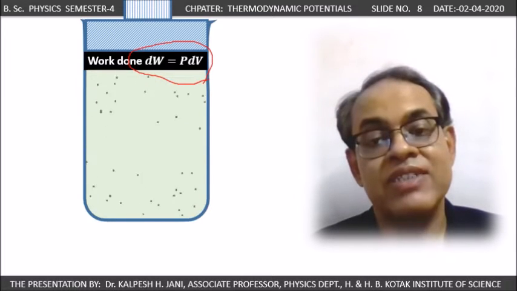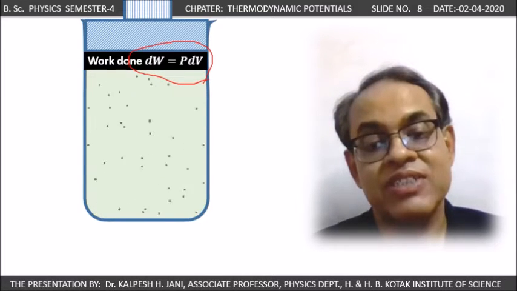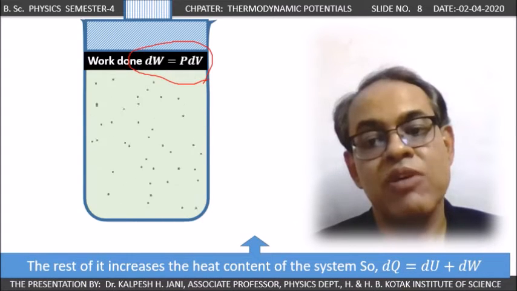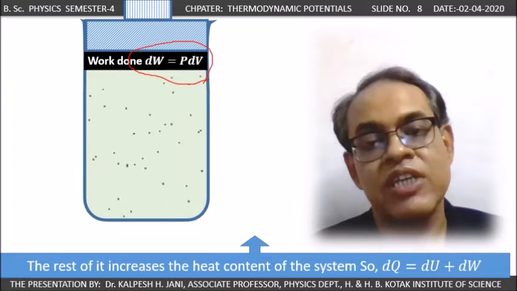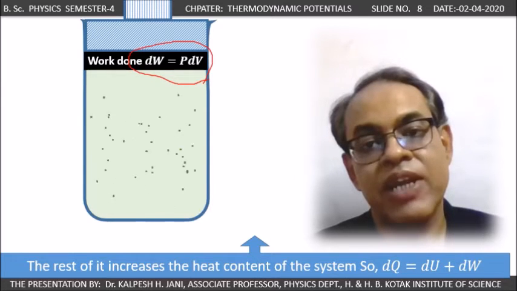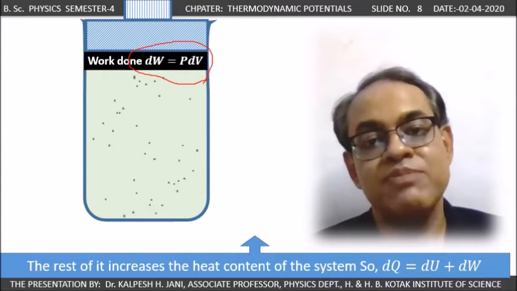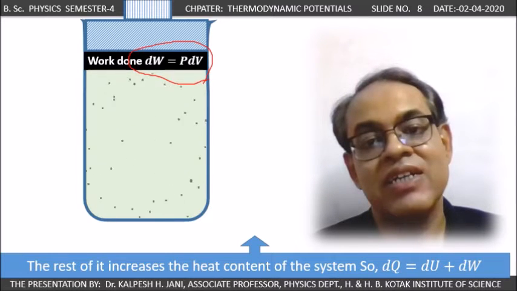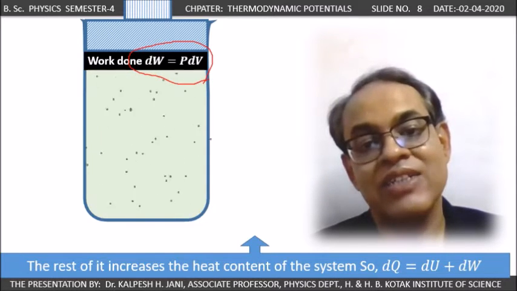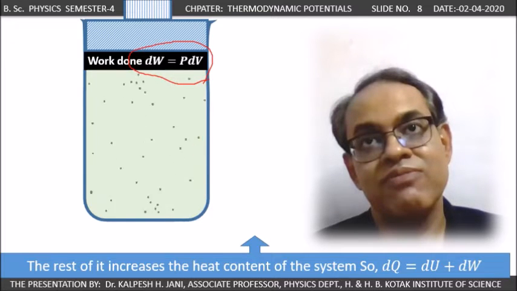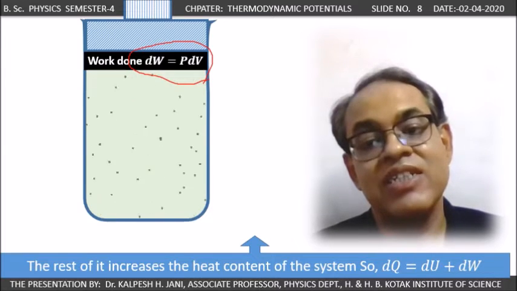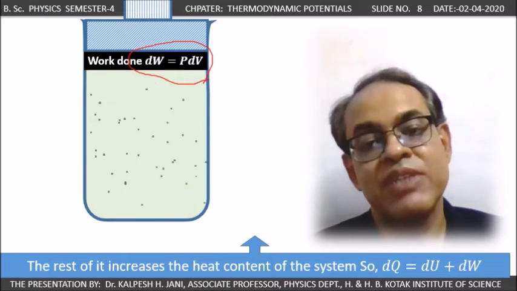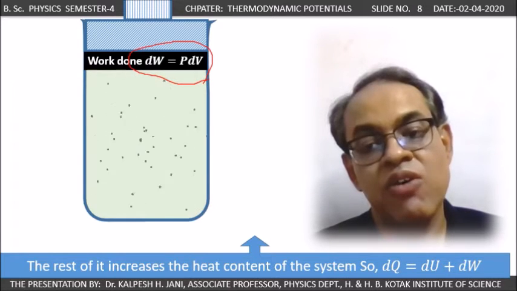Now let us give it with the equation. We can say dq amount of heat that we have supplied from outside has been expended partly in the overall energy, which we can say is the heat content of the system, and partly it has been expended in doing mechanical work.